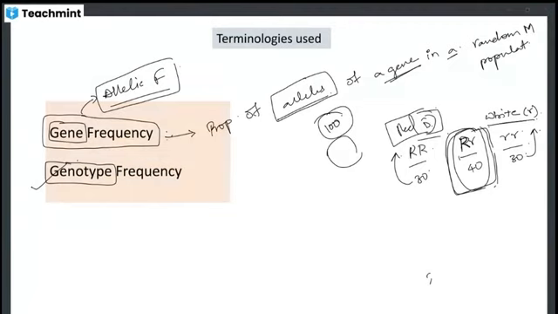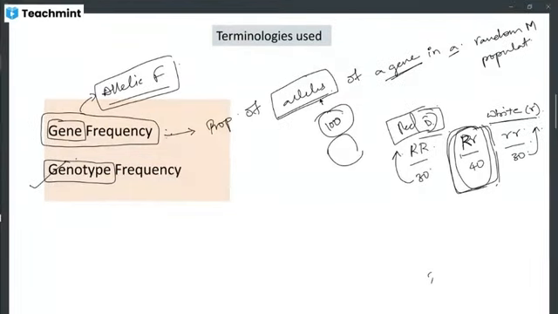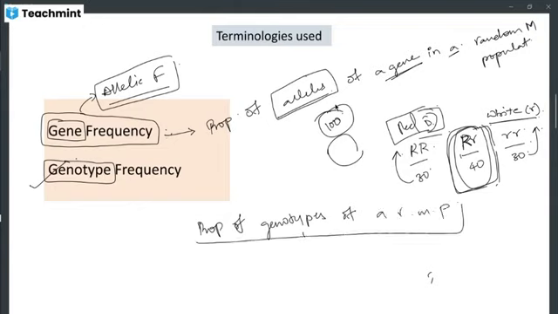Any idea? It is the same thing. Instead of alleles, you will just substitute the genotypes, right? So the proportion of genotypes of a random mating population will give you the genotype frequency.